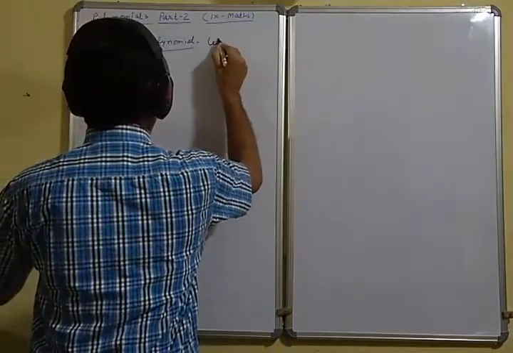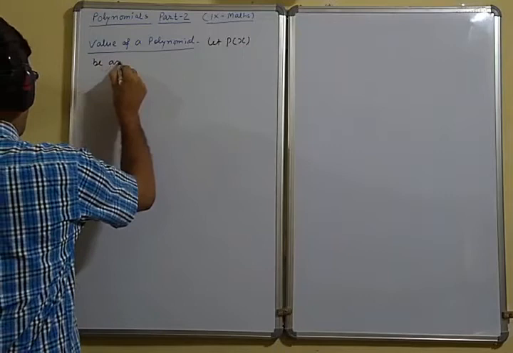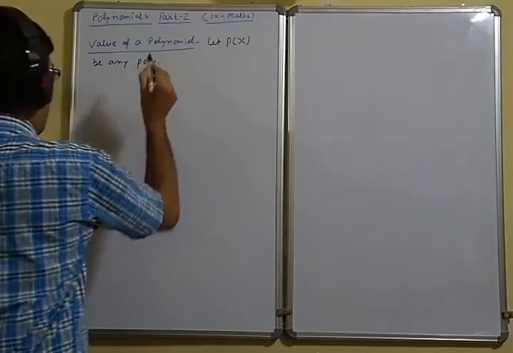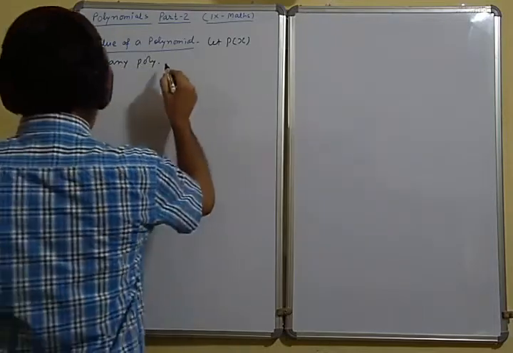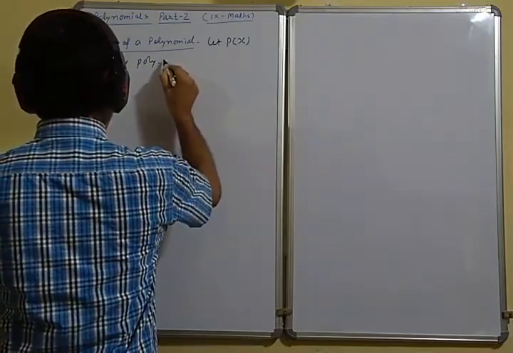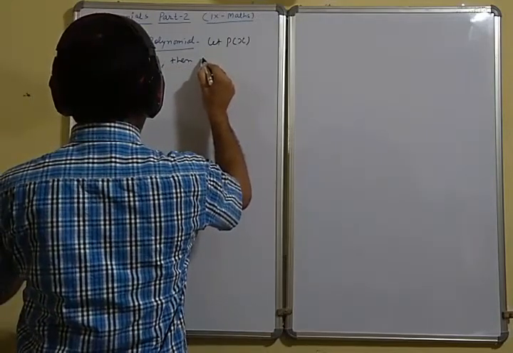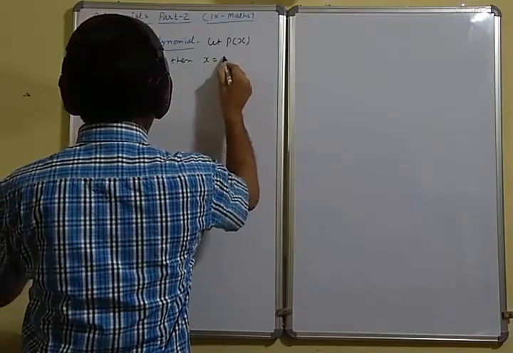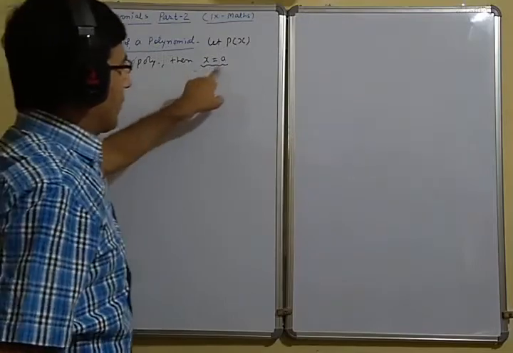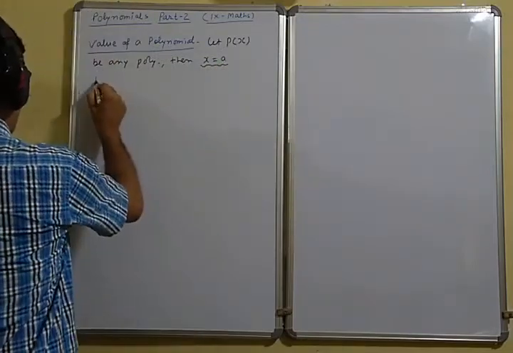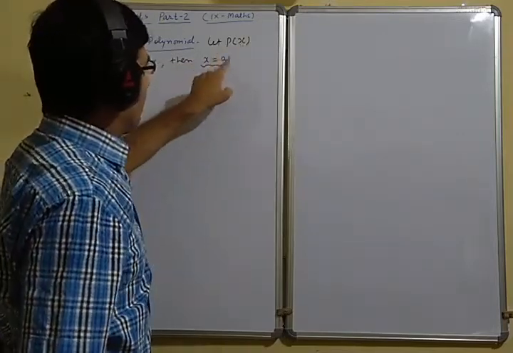Let P(x) be any polynomial. If we take x equal to a, it becomes P(a).